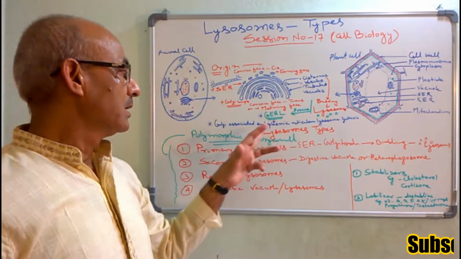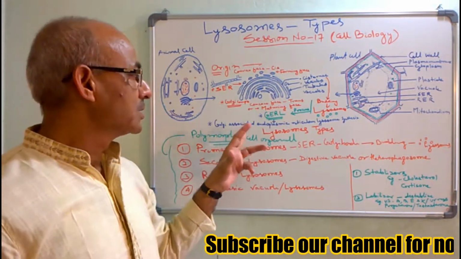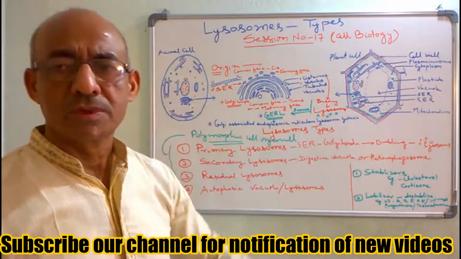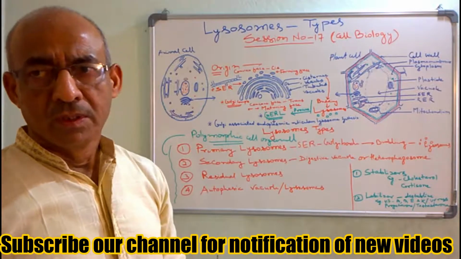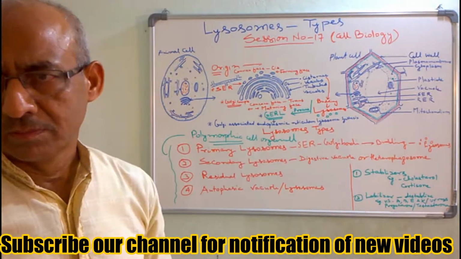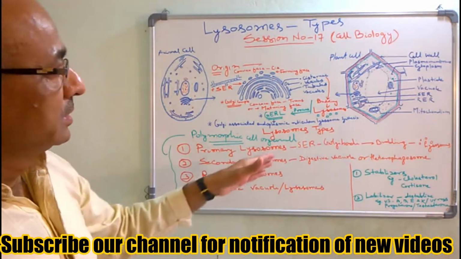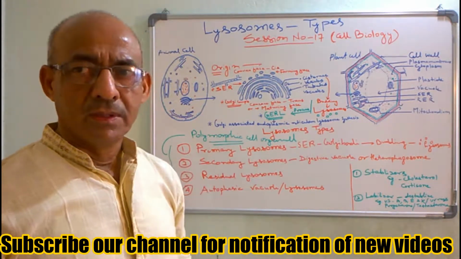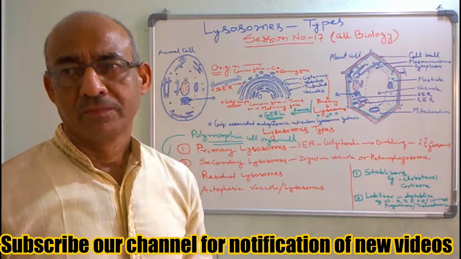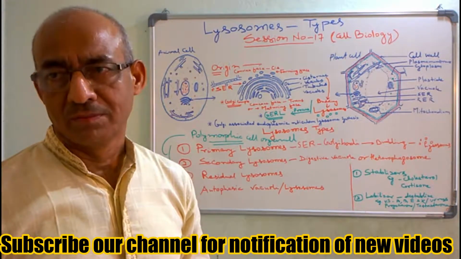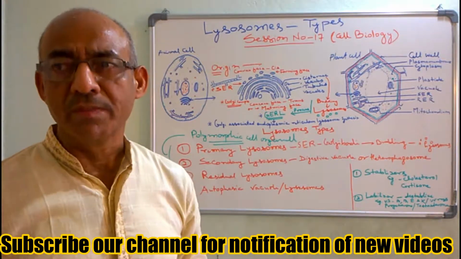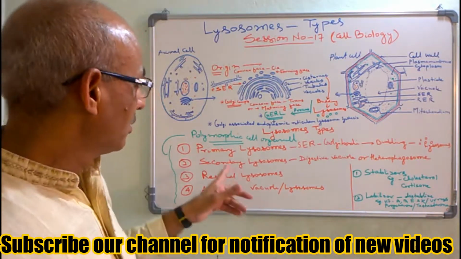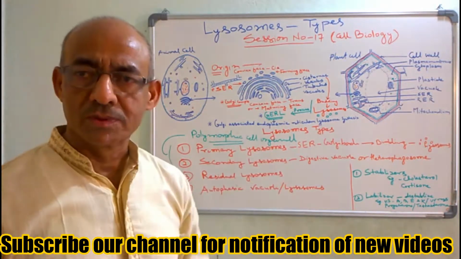GERL stands for Golgi associated endoplasmic reticulum lysosome synthesis. By this process, the lysosomes are synthesized. At that time, their forms are original. Their forms are primary. In that stage, they are called primary lysosomes.